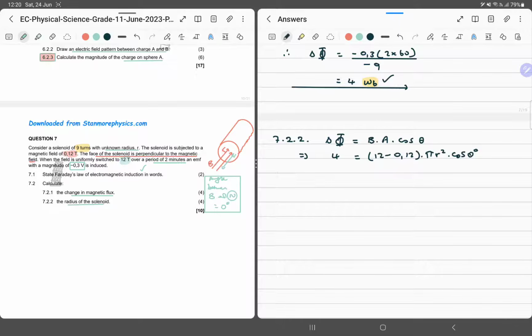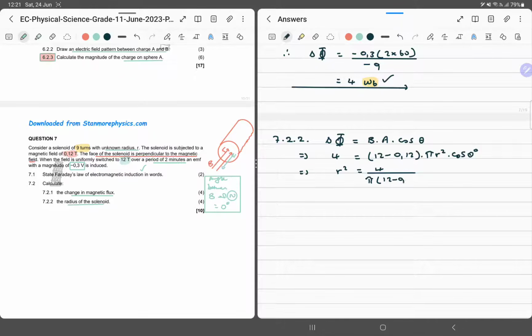That is the most important. We can say therefore that r squared is equal to 4 divided by pi times this business here.